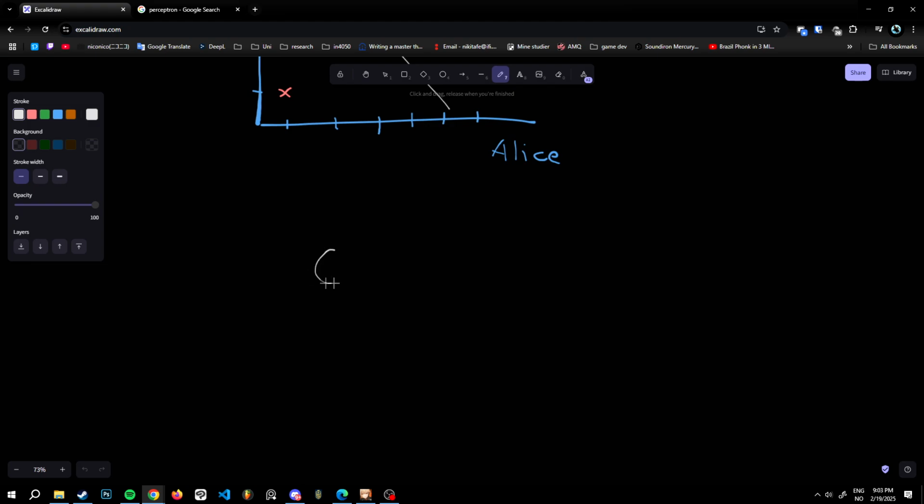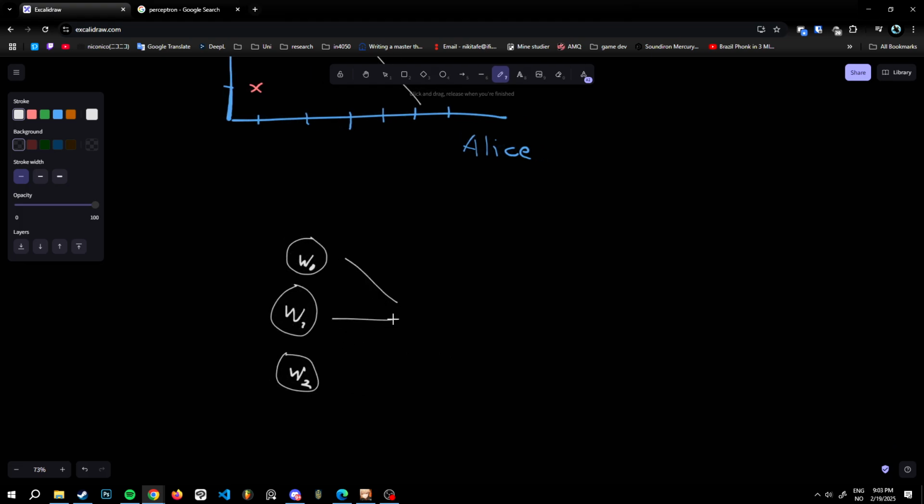So in our perceptron, weight 0, I'm pretty sure it's called, and they define it as weight 0. Weight 1, weight 2.